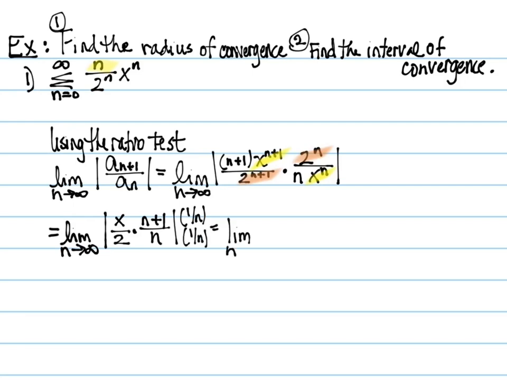So my limit as n goes to infinity would be, I've got this x over 2 part, which could still be positive or negative depending on what the x values are, agreed? So the absolute values are super necessary there. The other part doesn't matter whether I have the absolute values, but I end up with 1 plus 1 over n over 1. And of course this goes to 0, so this whole piece goes to 1, right? So really I end up with just the absolute value of x over 2. That's what my limit is.